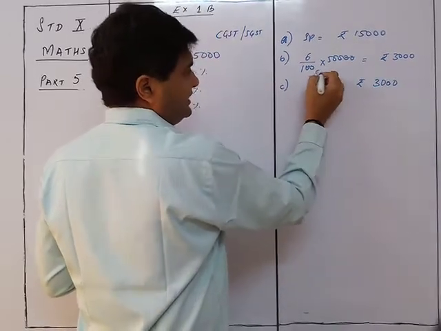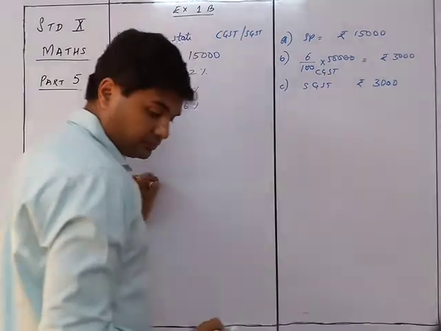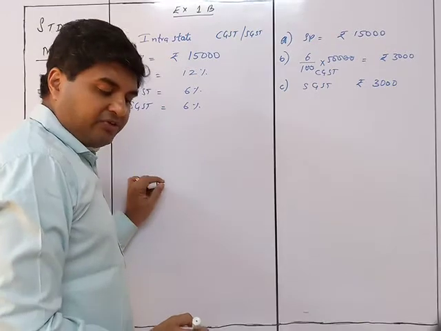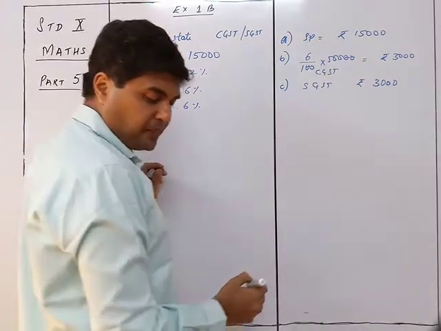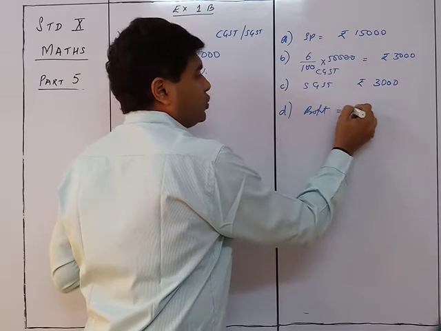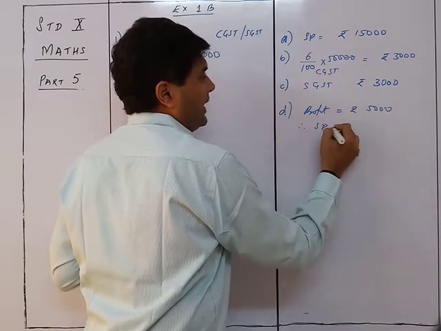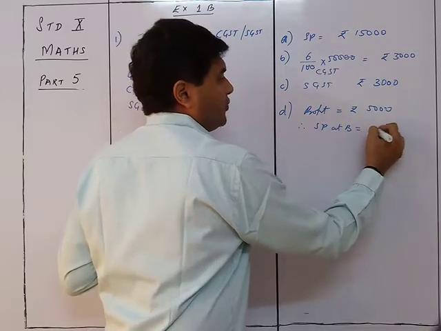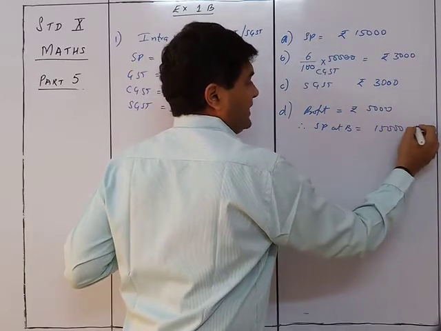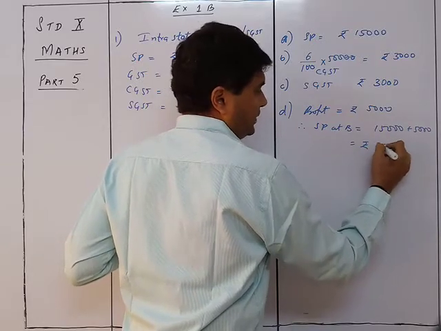This is CGST and this is SGST. D is, if the profit is 5,000, what is the SP at station B? So profit is equal to rupees 5,000. Therefore, SP at B is equal to 15,000 plus 5,000, rupees 20,000.